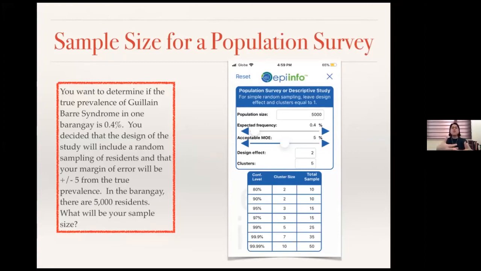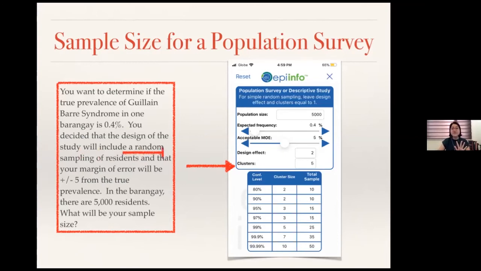Hindi lang yung tipong, what if from that whole barangay, because of random sampling, you end up with everybody coming from one purok, then parang feeling mo it's not fair, it's not right. So you want to get from 5 puroks. So look here. Look at the clusters. I changed it to 5 because there are 5 puroks. So I'm going to get ilan-ilan from 5 puroks.